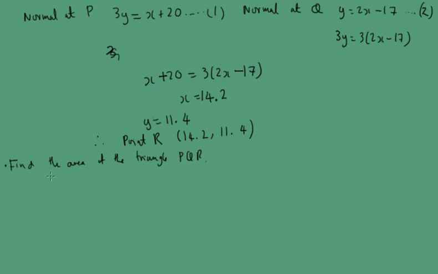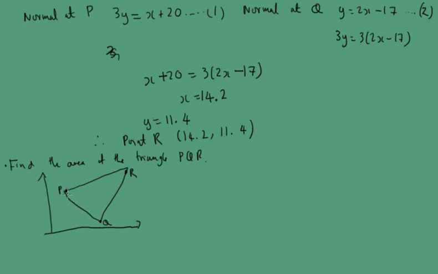So let's plot these points P, Q, R. We had point P as (4, 8). So that's point P. And my point Q as (9, 1). And point R is somewhere over here. So we've got this triangle.